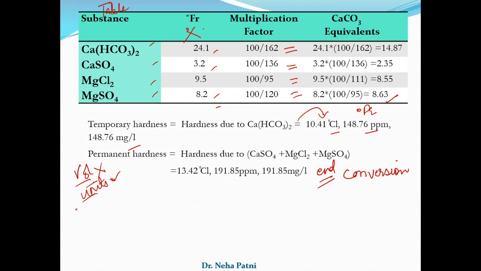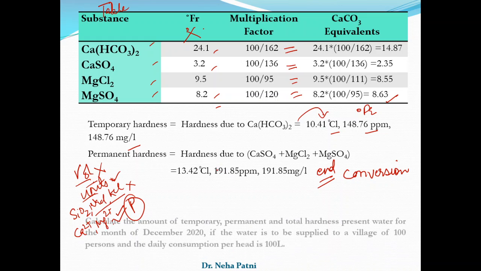Then I said that it could be any other ion like SiO2, NaCl, KCl, etc. So you came to know that you have to ignore them. You don't have to calculate them. Then I said that it could be ions also like calcium, magnesium present in the water. Then you have to convert them into their respective CaCO3 equivalent. You cannot ignore them. If they are present in the water, you have to calculate them as the permanent hardness. So that is how you are going to calculate.